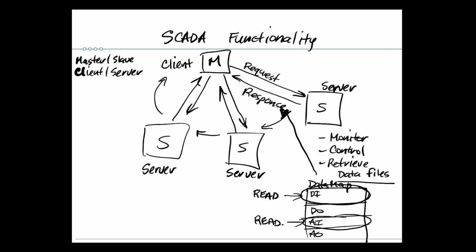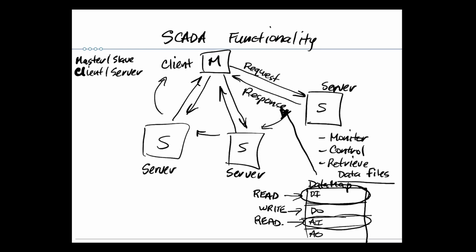When it comes to a DO, which is an output, this is where we're controlling a breaker, controlling a valve, or controlling a switch. The master wants to be able to turn on or off that switch or trip or close that breaker. And for that, we would need to have the functionality to write.